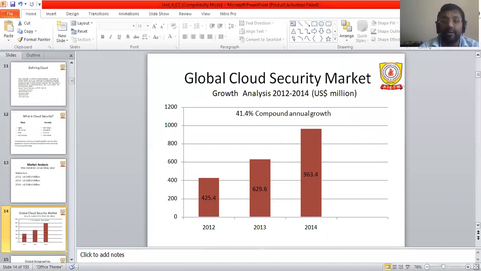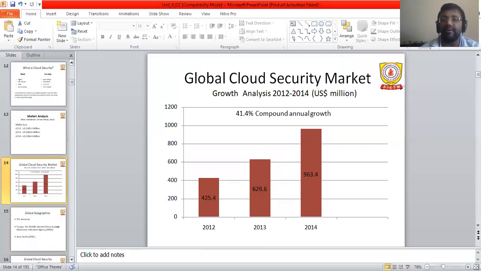Looking at the growth analysis from 2012 to 2014 in US millions of dollars, it was $425.4 million in 2012, $629.6 million in 2013, and $963.4 million in 2014. So this is the global cloud security market growth.